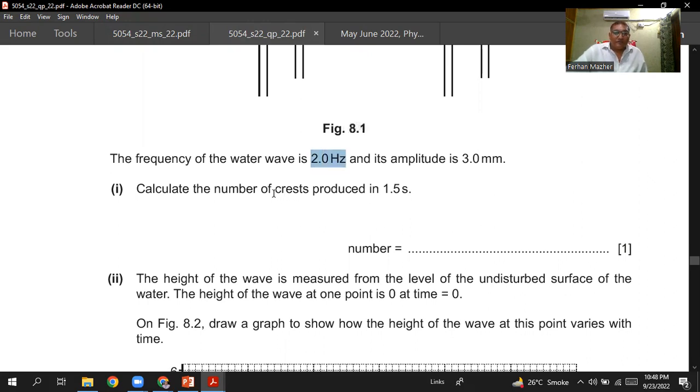The frequency means how many waves are produced in 1 second. The frequency is 2 hertz, which means that 2 waves are produced in 1 second. So in 1.5 seconds, how many waves will be produced? You just multiply 1.5 by 2 and you get 3. So there will be 3 waves, and in each wave there is 1 crest. So there will be 3 crests produced.